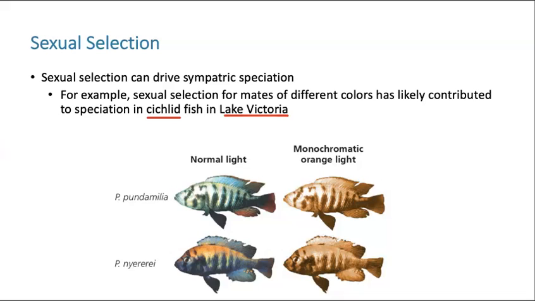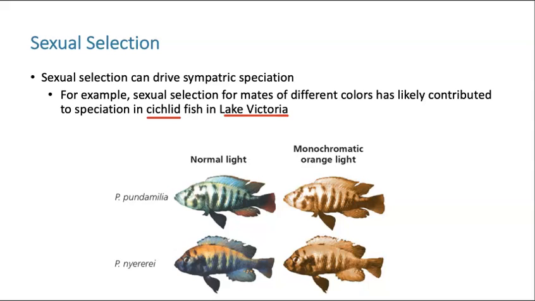So these are two species of fish, Pundamilia and Nyreii. And if you look at them, you can tell that they are quite different from each other. And of course, in normal light, these two fish can tell the difference between each other as well. Interestingly, Lake Victoria has become quite polluted.